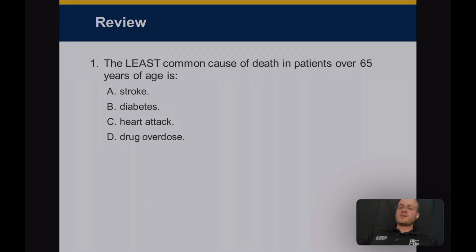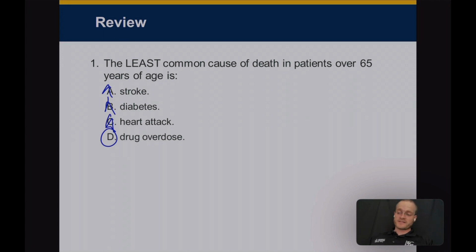And so let's see. The least common cause of death in a patient over 65 years of age is the... least common. No, it's a leading cause. Oh, this one, drug overdose. It's actually a leading cause of death of young people right now in the United States because of fentanyl. Fentanyl overdose is killing more people than any other cause.